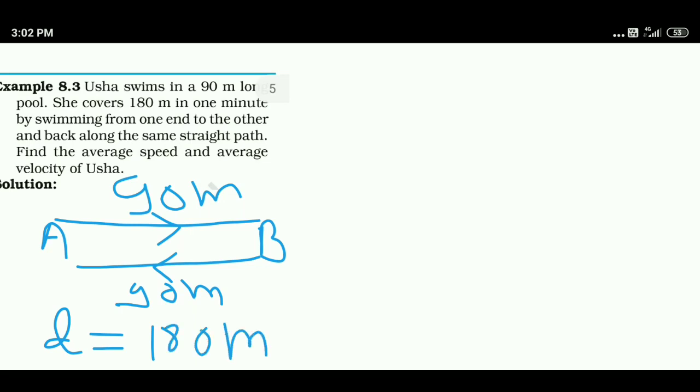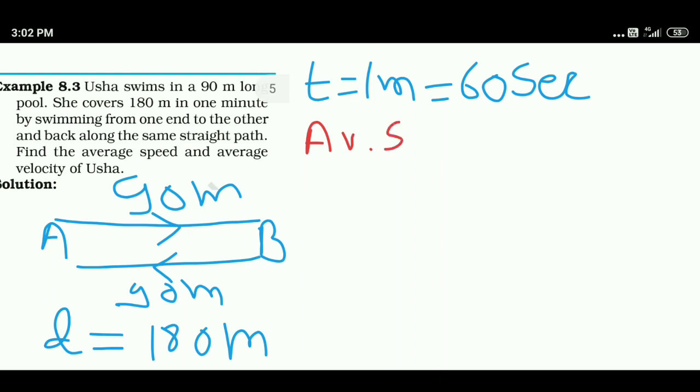Now within a minute, so time is also given. Time is equal to 1 minute. Can we write 1 minute as equal to 60 seconds? We all know that. Now find the average speed. Again, they are asking about average speed. It is quite a simple question.